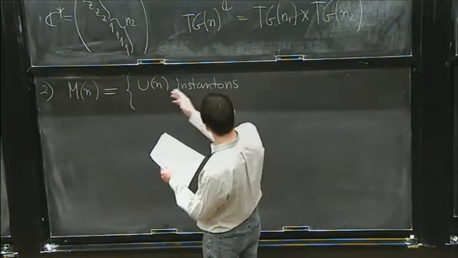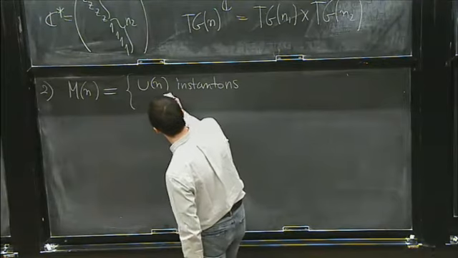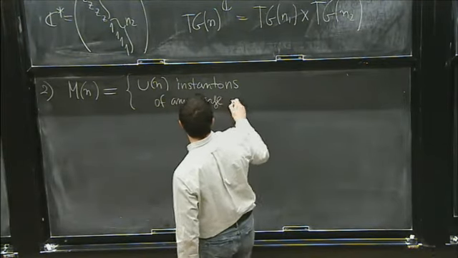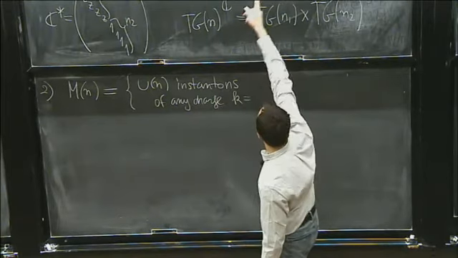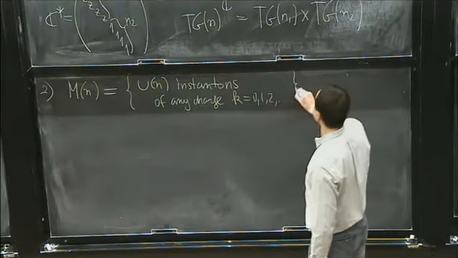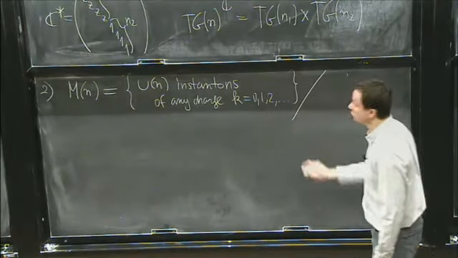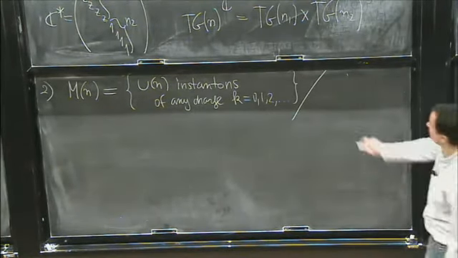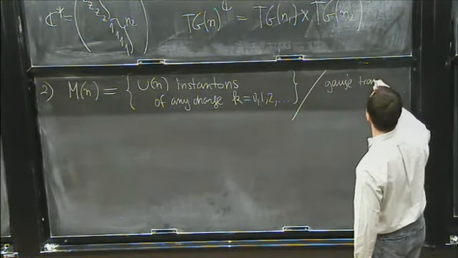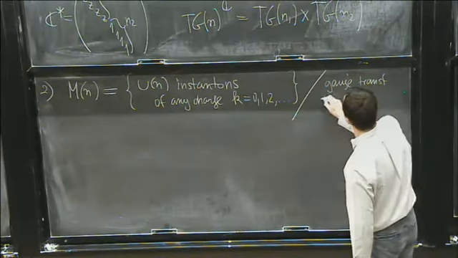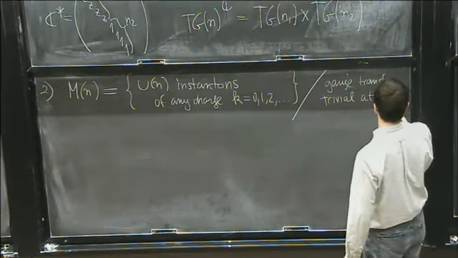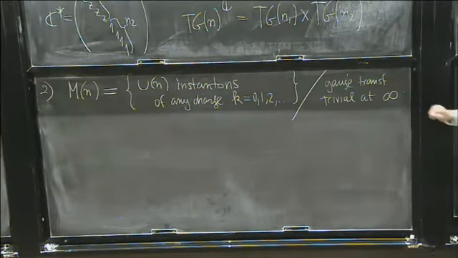So U(N) instantons of any charge K, analogous to this, where K is 1, 2, whatever. And we take it modulo not all gauge transformations, but gauge transformations trivial at infinity. So we only mod out by gauge transformations that go to 1 at infinity.